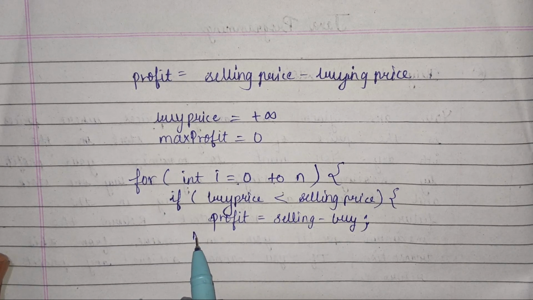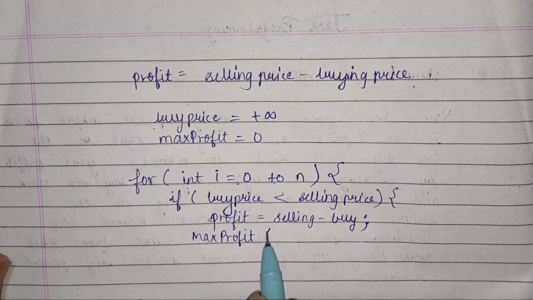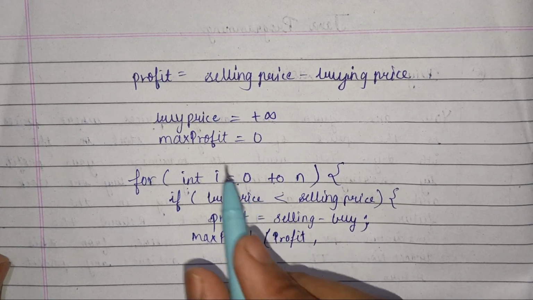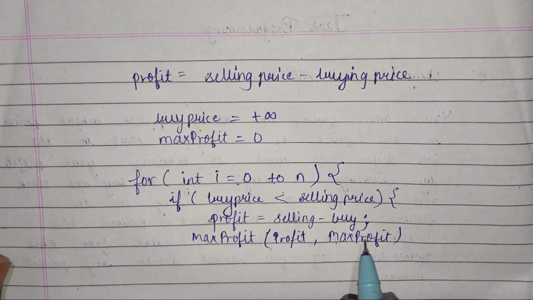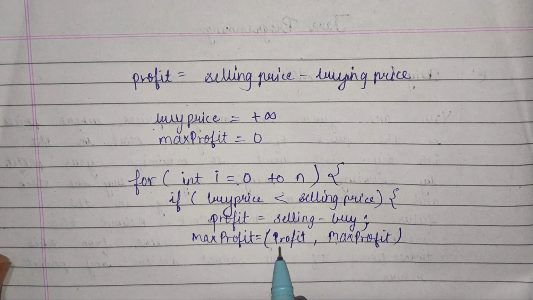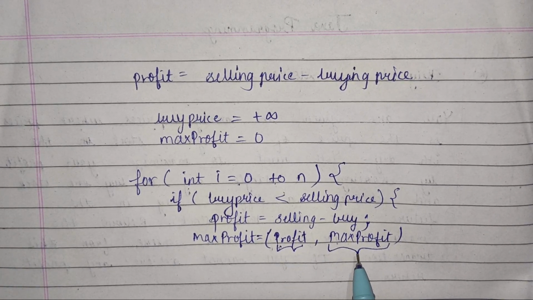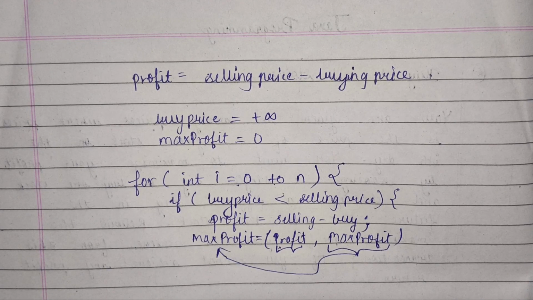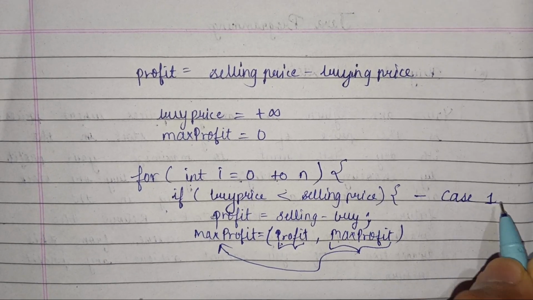So the maximum profit will be this profit and the max profit, whichever is the maximum, it will be stored in this variable. So this is the first case, if the buying price is less than the selling price.